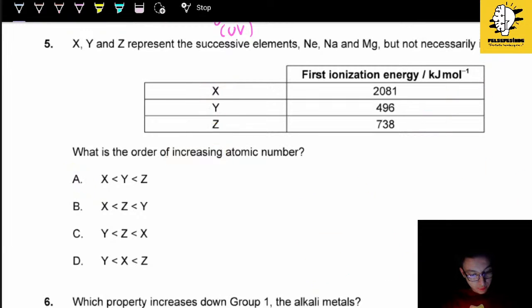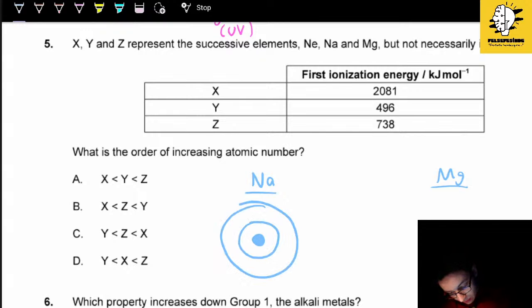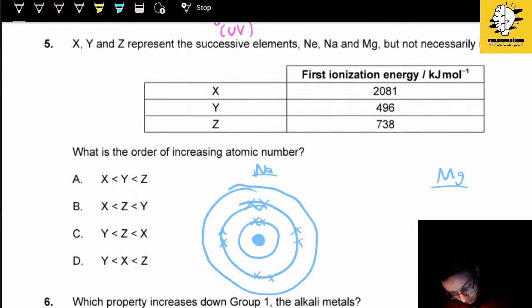And let me remind you about one thing. So as we are going down the periods, for example, we were comparing sodium and magnesium. If this is the nucleus, for example, this will be 2, 8, and one more.